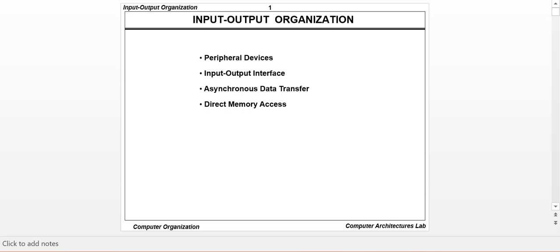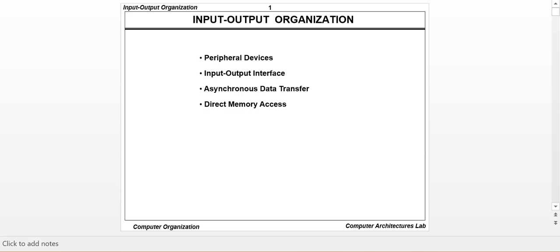Apart from your CPU, these are all important components of a system: the CPU, which is the processor, the memory where the data and programs have to be stored, and finally the input output, or the IO.